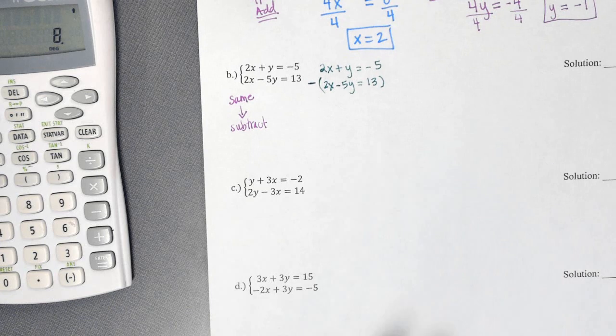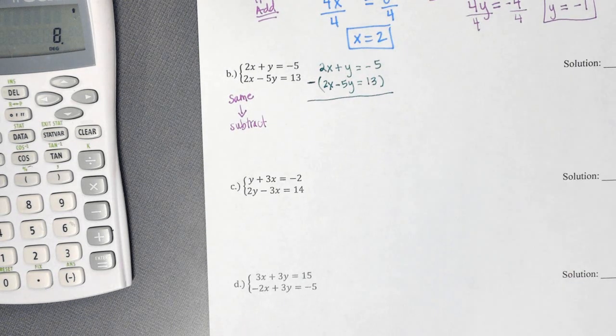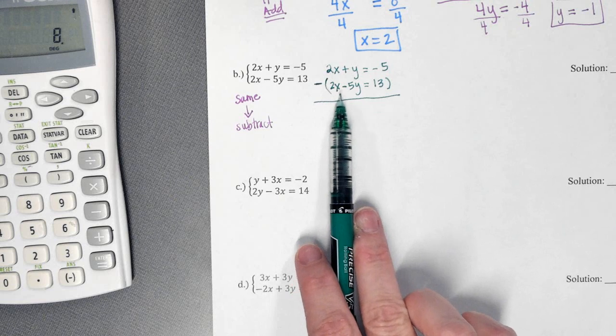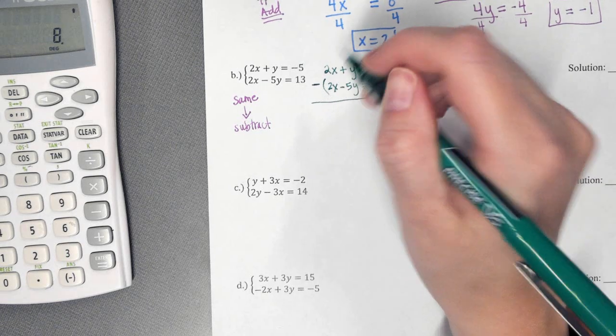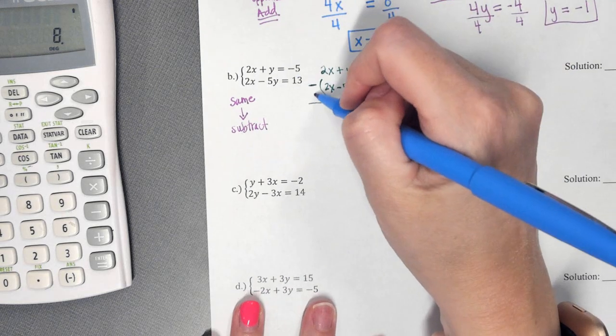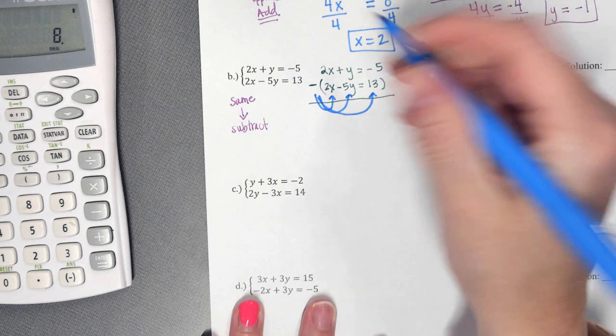Do you guys remember what you have to do when something's in parentheses? Yep, like with your order of operations. And then if you have something that's on the outside, what does that mean if parentheses are behind it? That's right, you're going to have to multiply it. So what happens is you have to distribute the negative to all three.